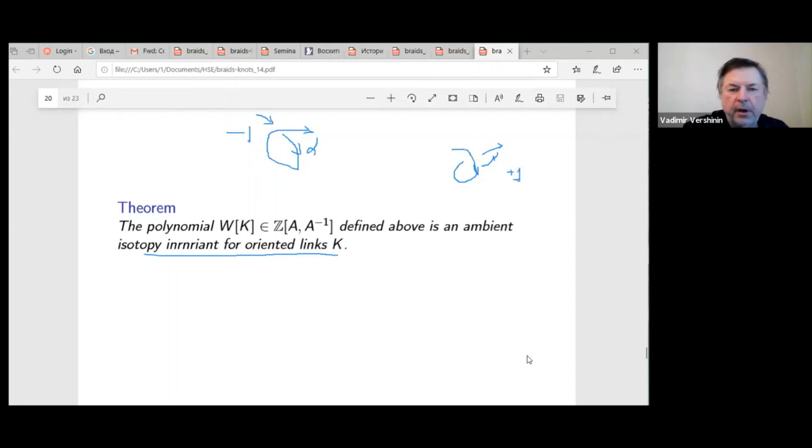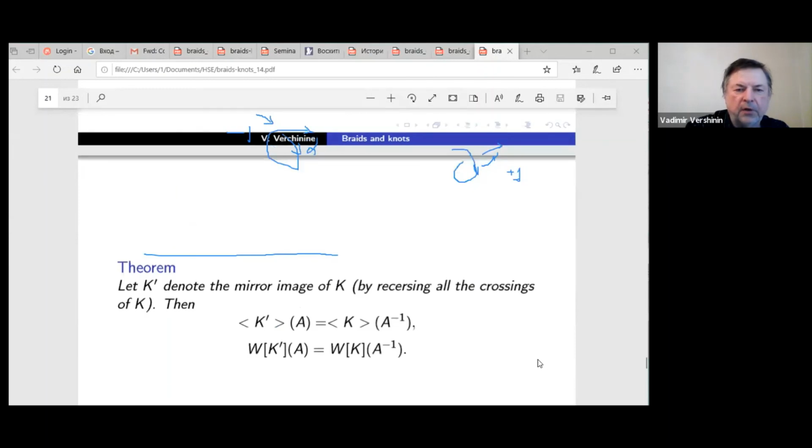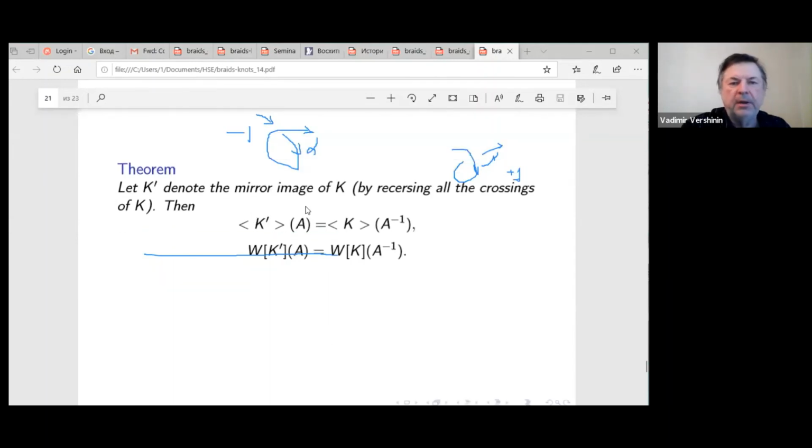You see now, for example, from the definition of the Kauffman bracket, what can you say? Let K prime be the mirror image of K. Then by the definition of the Kauffman bracket, you simply interchange A and B, horizontal and vertical smoothings, if you change the crossing. Then the Kauffman bracket of K at A becomes the Kauffman bracket of K at A minus 1.